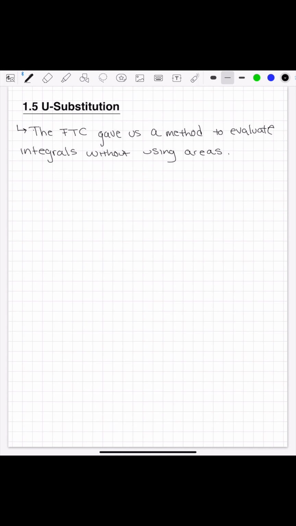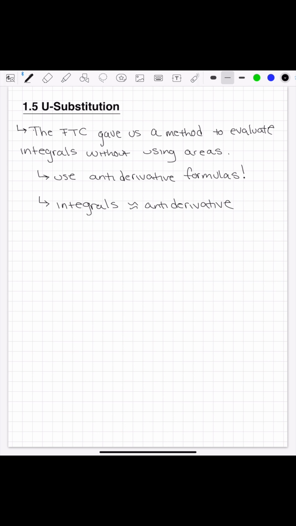Basically what the fundamental theorem of calculus said was that we can use antiderivative formulas. The integral is the opposite of the derivative, so we can use antiderivative formulas to calculate integrals. So integrals we can evaluate just like we would an antiderivative.